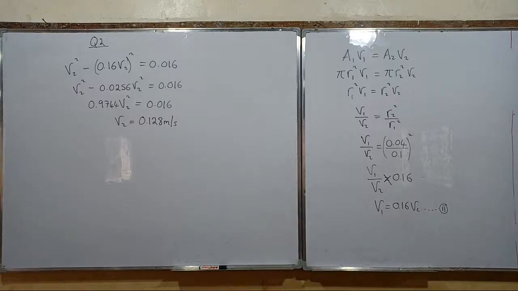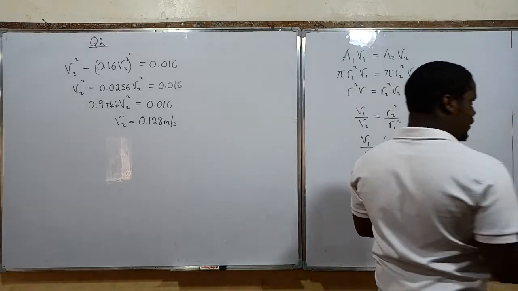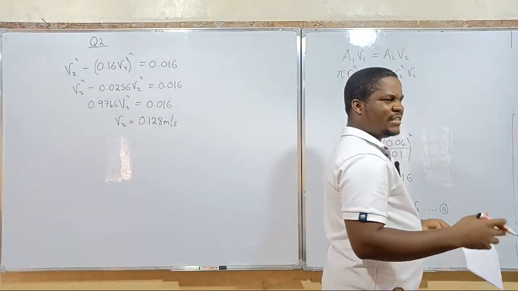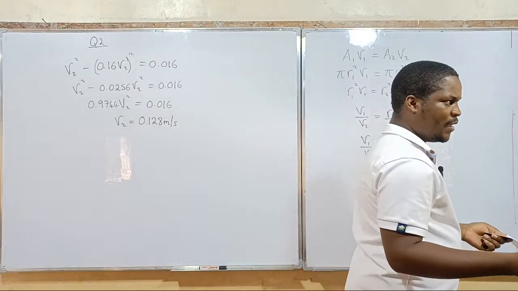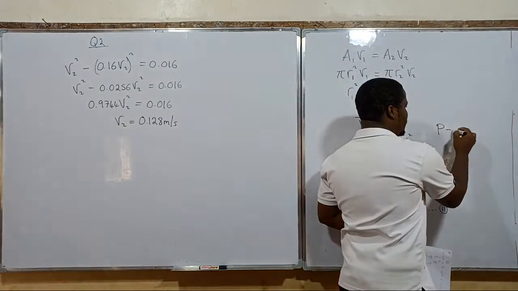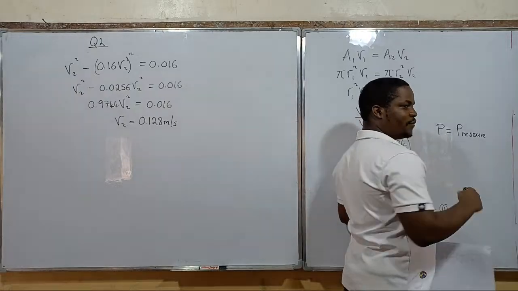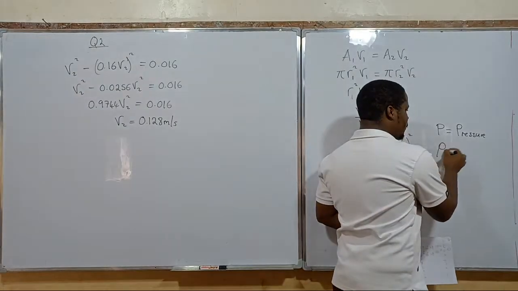The question is why are we calling it rho? It's just a symbol. Just like, for example, we say P is equal to pressure, this is just a letter. So even rho is just a symbol.